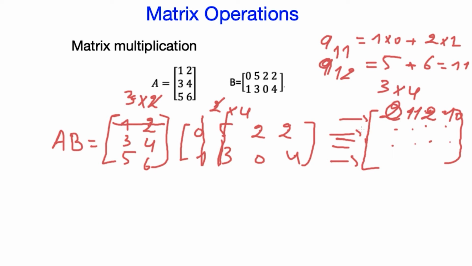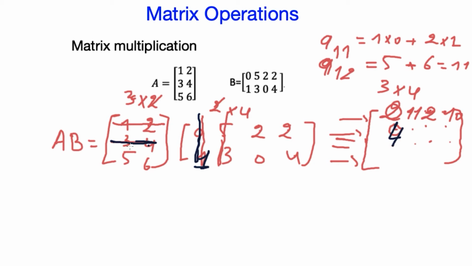And for getting this entry here, we multiply the second row with the first column. So it is 3 times 0, which is 0, plus 4 times 1, which is 4, so it will be 4.